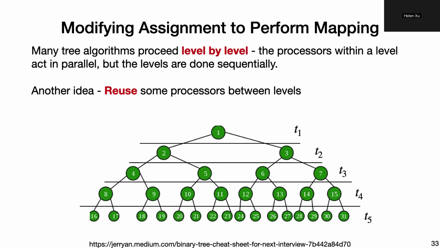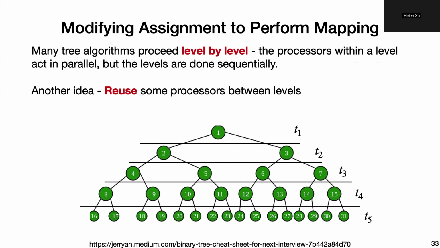So one way that we can get around this is to take advantage of the properties of the algorithms. Many of the algorithms proceed level by level, which means the root process does something, and then in the next level its logical children do something, and then after that the logical children of that level do something.